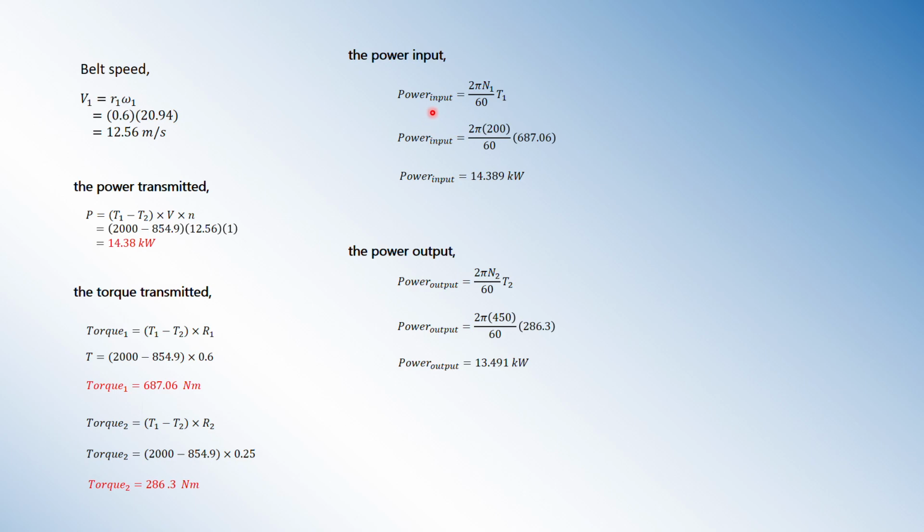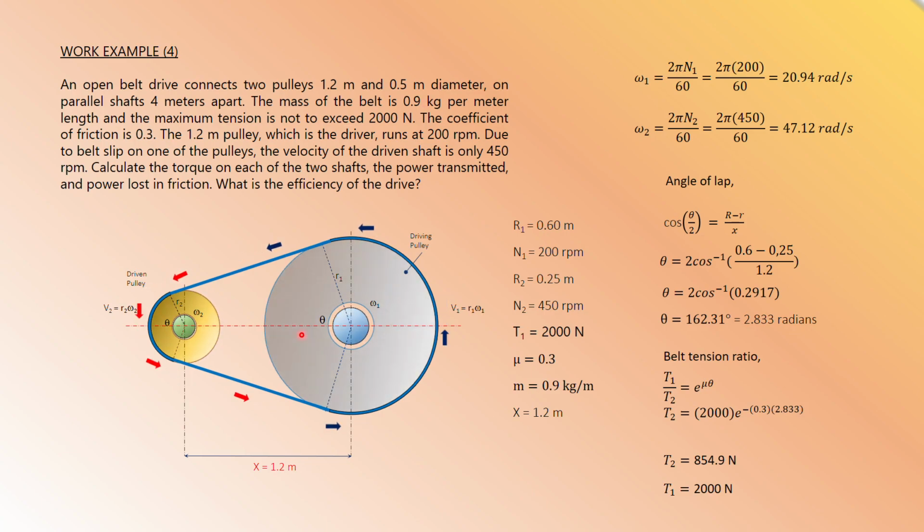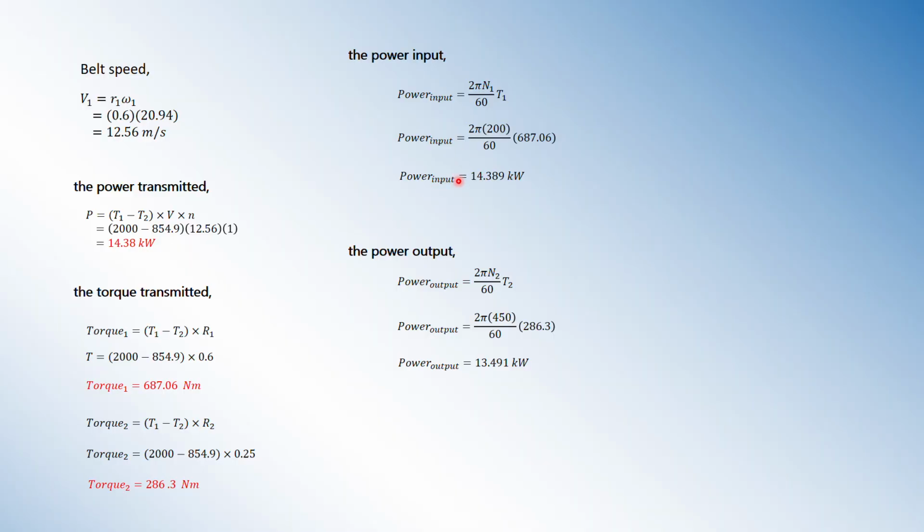Then you can find the power input through the driving shaft. That means this is where your power input is and this is where your power output is, based on the torque. So you have to use this formula to find the power for the pulley.